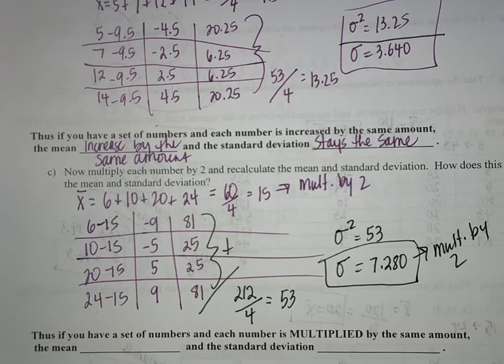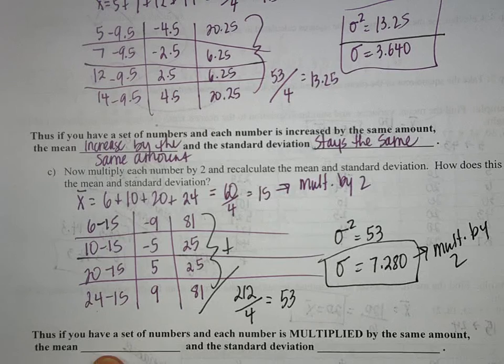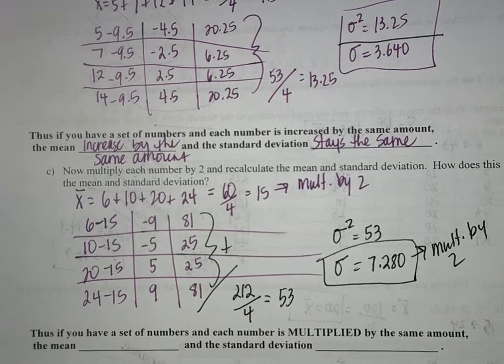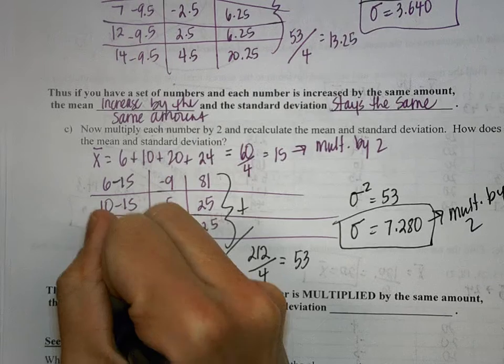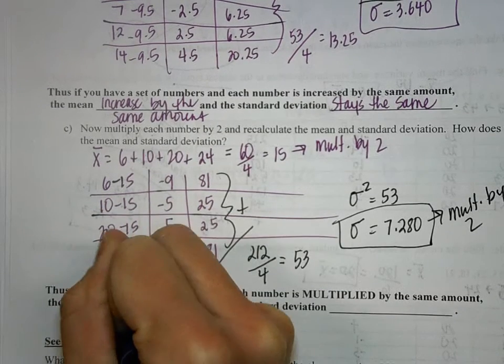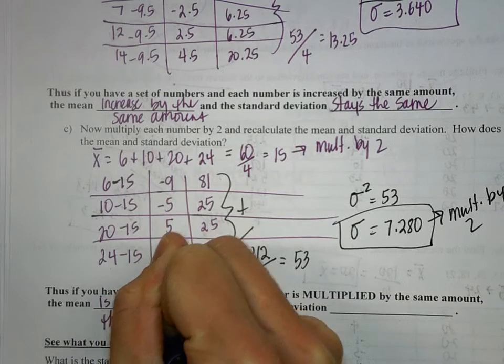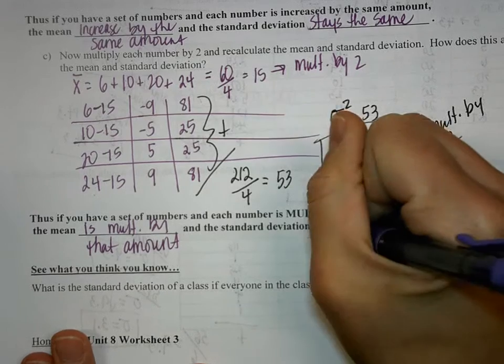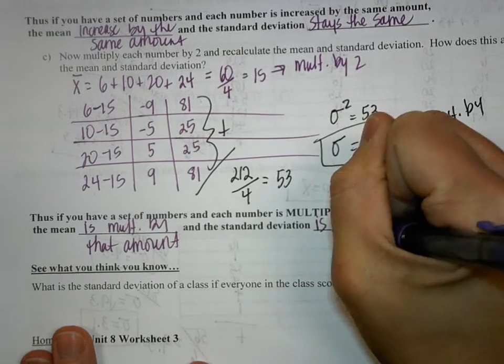So, thus, if you have a set of numbers and each number is multiplied by the same amount, the mean is multiplied by that amount, and the standard deviation also is multiplied by that amount.